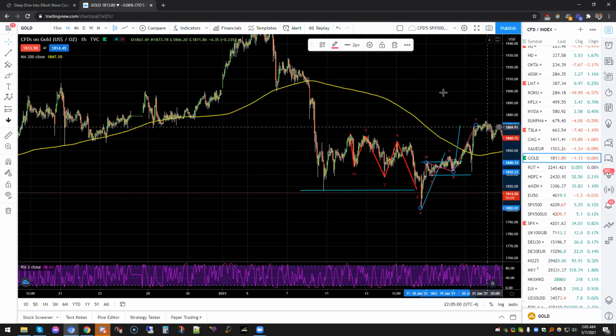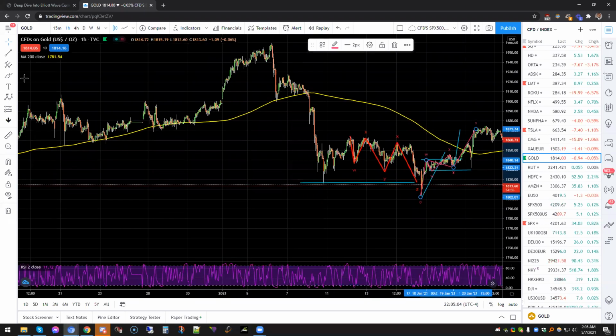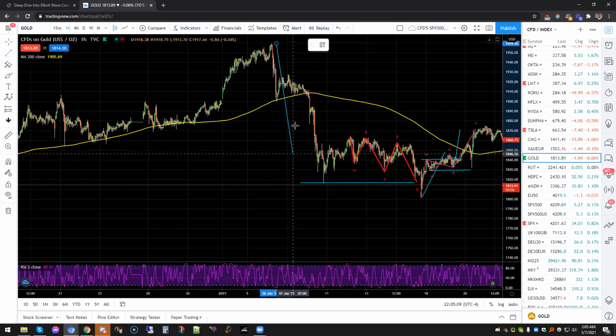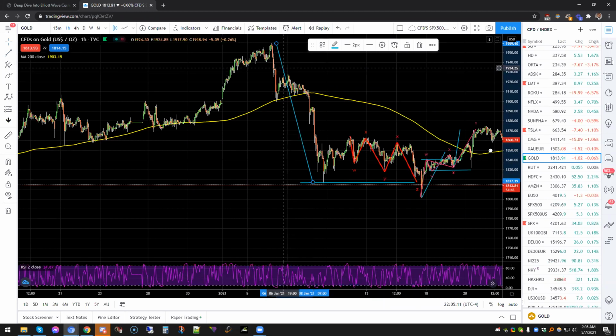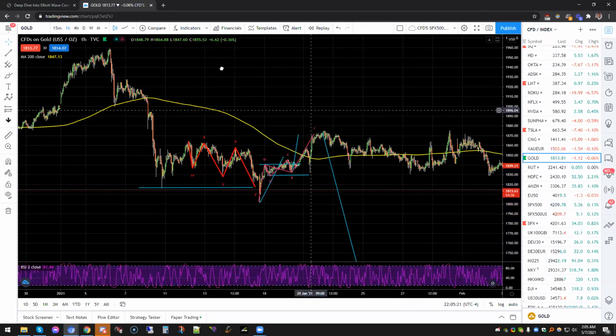So at the end of this wave, I will be expecting another move to the downside, right? So I would then project this wave to the downside from around here. But if it gives me another correction, then I know I'm looking for a 5-wave move and I'll expect one more push up. Okay, so here you go.